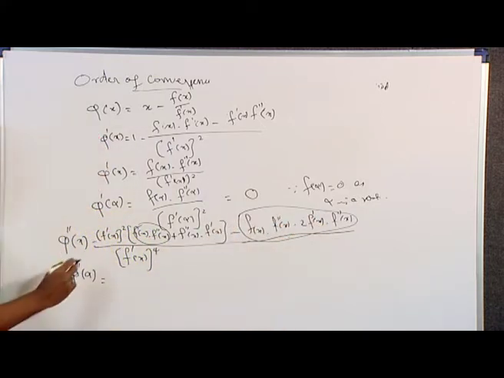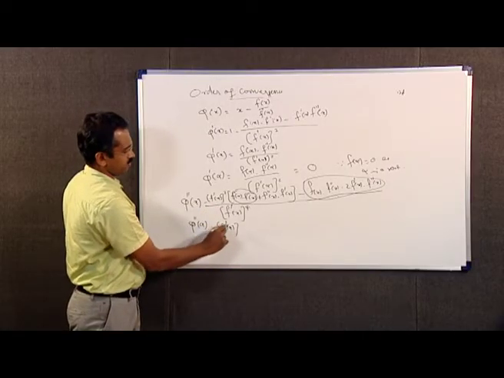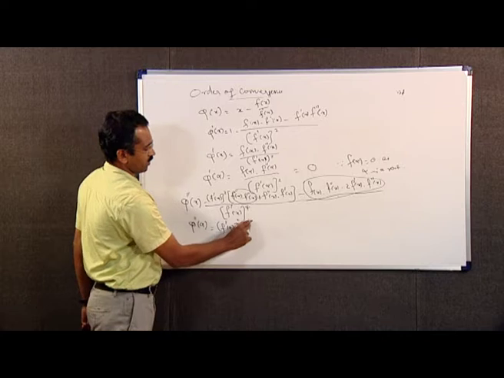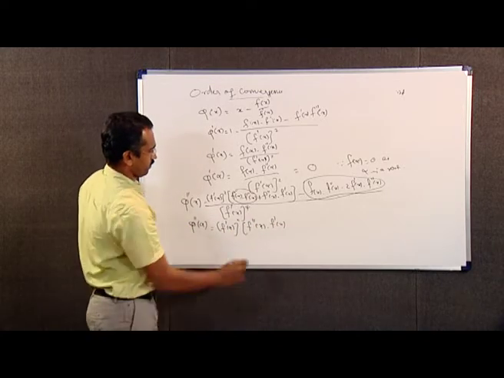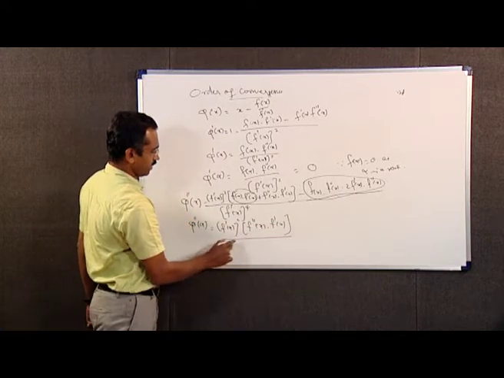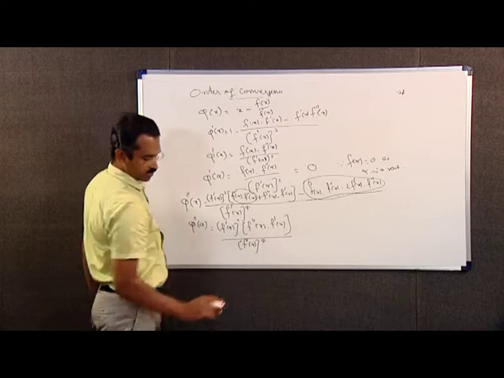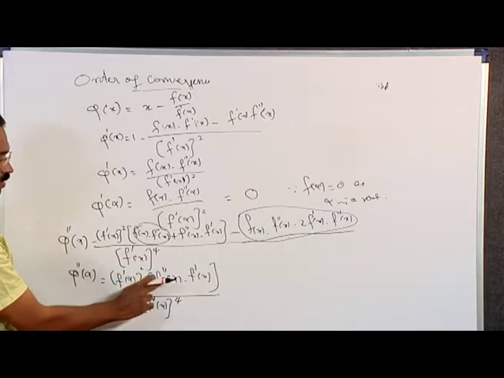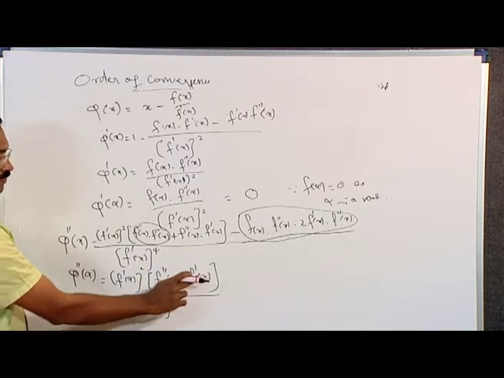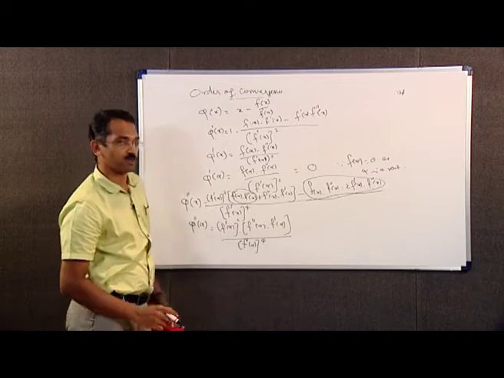The remaining term is f dash of x square into f double dash of x into f dash of x divided by f dash of x raised to 4, sorry, f dash of alpha square into f double dash of alpha, f dash of alpha divided by f dash of alpha raised to 4.